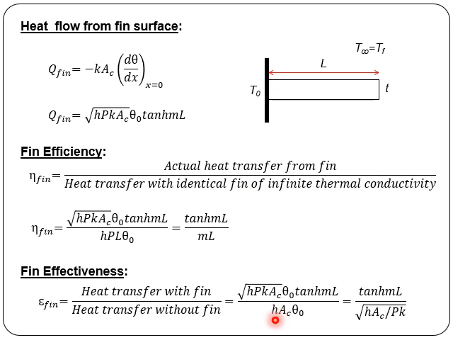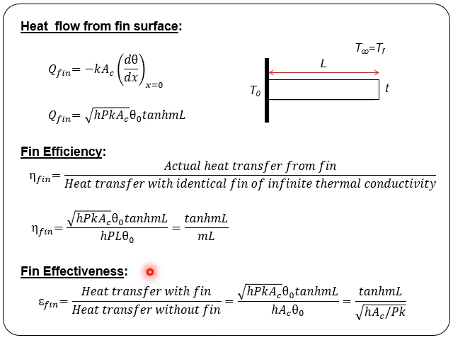So without fin, the heat exchange will be h into cross section area, that is base area, into theta 0, which is equal to T0, the base temperature, minus the fluid temperature. The actual heat transfer provided by the presence of the fin will be under root of hpkA theta 0 tan hyperbolic of ml. When you use this expression, you will get the value of effectiveness, which is heat transfer with fin divided by heat transfer without fin.